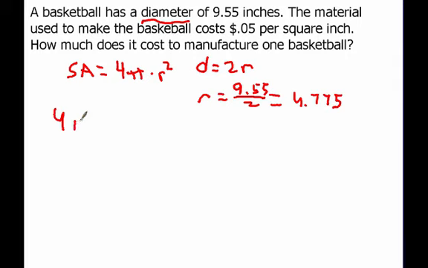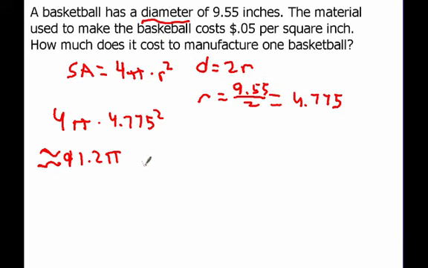So now we're going to plug that into our surface area formula: 4 times pi times 4.775 squared. Multiply this all out, and we end up getting approximately 91.2 pi, because I did some estimating in here. Then we want to figure out how much it costs to manufacture one basketball.